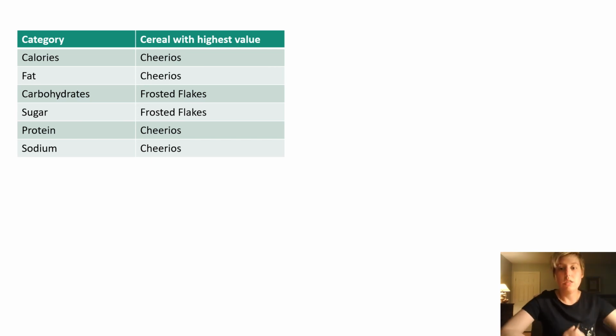If your question was to recommend a cereal that would be more suited for a pro athlete who needs to be building muscle mass, then the obvious answer would be Cheerios because of the higher protein content. And if you're asking about an individual who is trying to reduce the number of carbohydrates they're getting, the answer would also be Cheerios because Frosted Flakes had more carbohydrates.